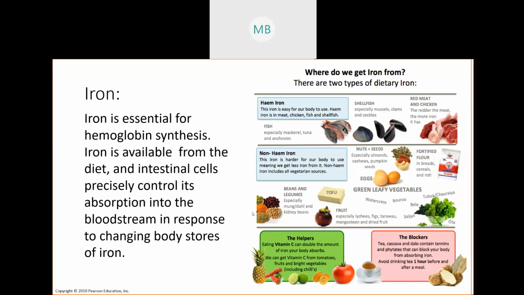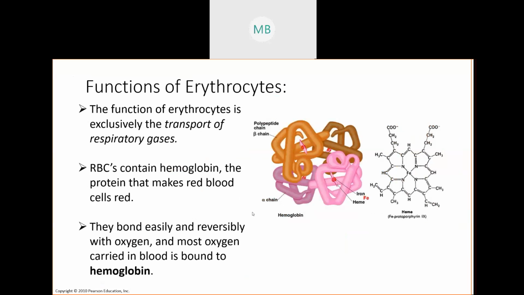Iron is very important for all of this, and this is going to get into our function of erythrocytes and actually talking about hemoglobin. So blood objective number 5 is describe the chemical structure of hemoglobin. For those of you that have taken chemistry or organic chemistry, you've seen this, right? That'll make much more sense to you if you've taken chemistry.